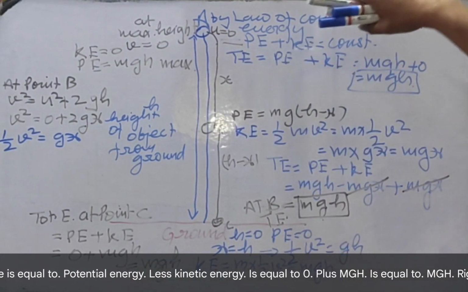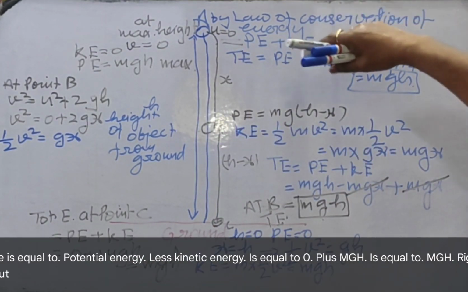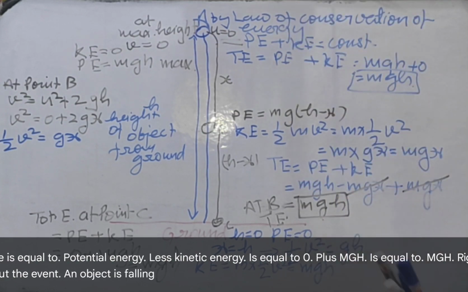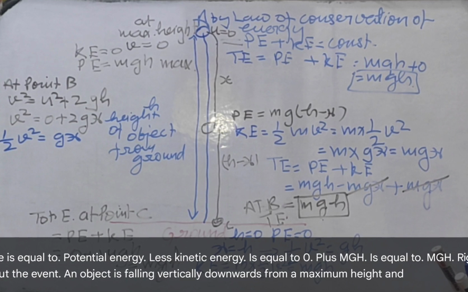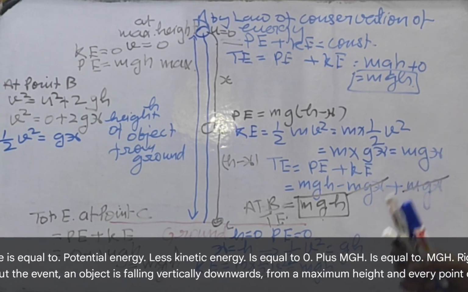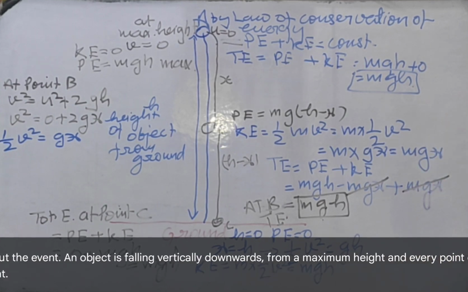So you just found out that when an object is falling vertically downwards from a maximum height h, then at every point of motion, the total energy remains the same, right? Did you understand this?